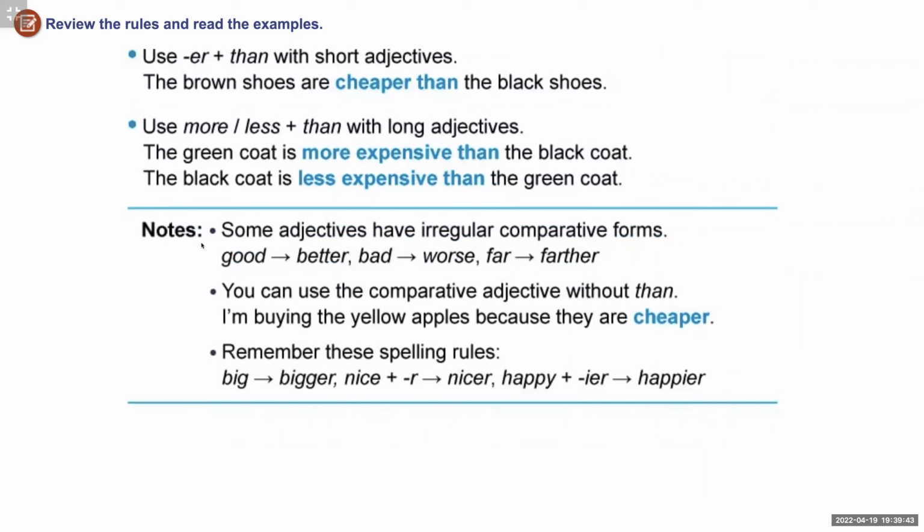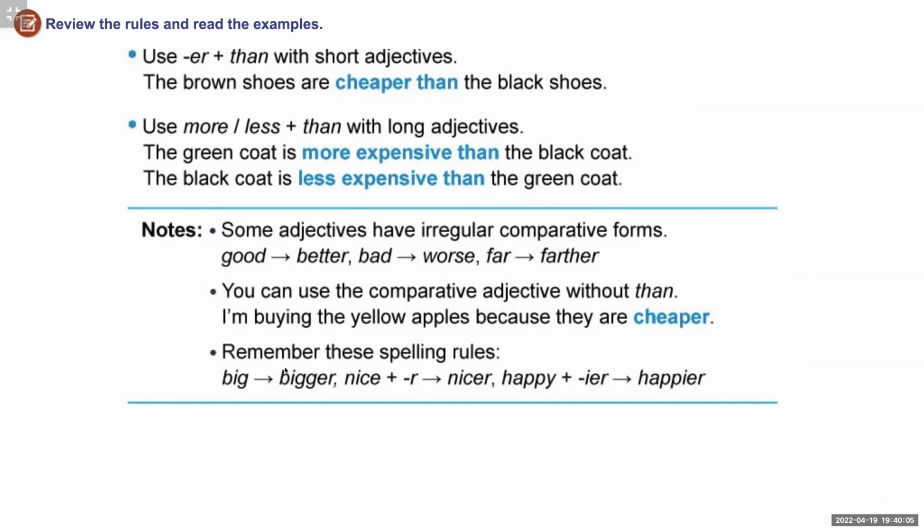For example, good, better. Bad, worse. Far, farther. You can also use a comparative adjective without than. For example, I'm buying the yellow apples because they are cheaper.